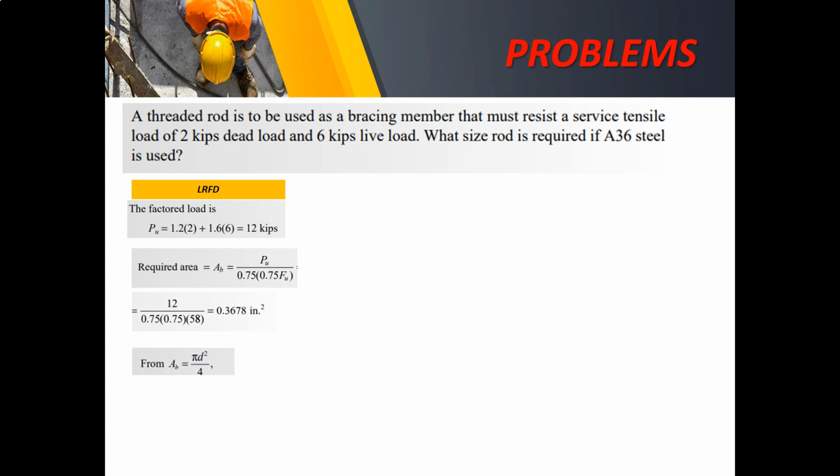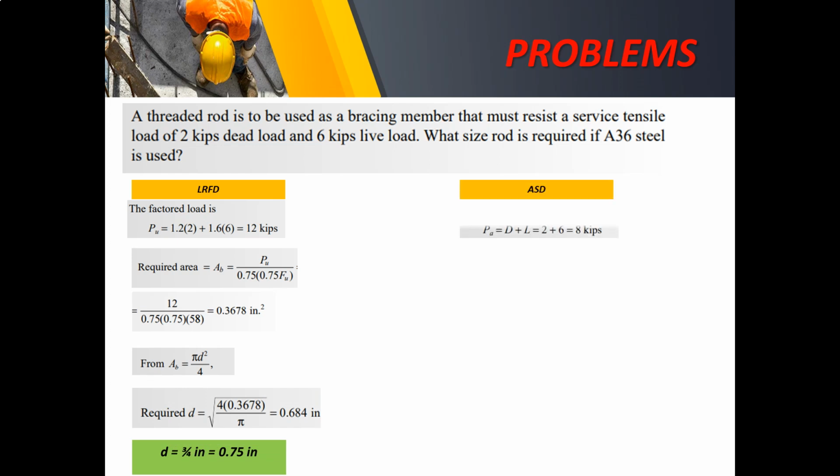Now calculating the area of the bar, the required diameter will be equal to 0.684 inches. So we can use a 3/4 inch diameter of the rod.